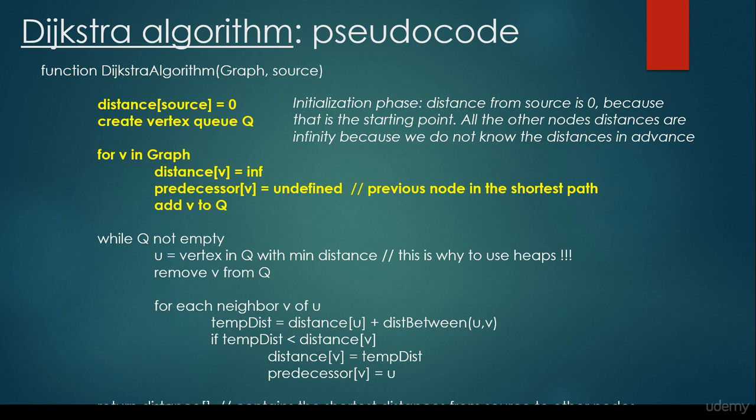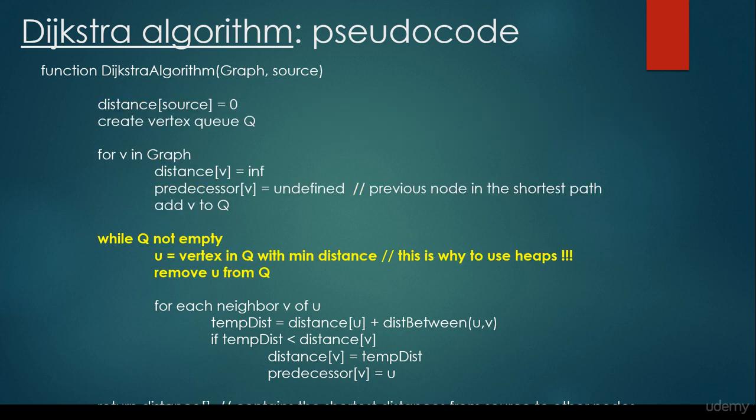Basically, the infinity is a guess, and because no number is greater than infinity, it is a good guess. Then we set the predecessor for the v to be equal to undefined, so the previous node in the shortest path is not known in advance. And we add every single vertex of the graph to the queue. So we have this queue, priority queue, abstract data type.